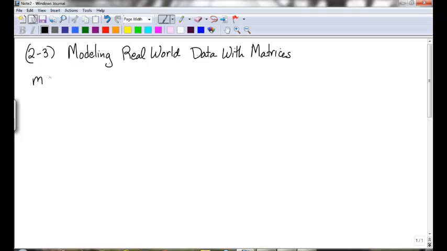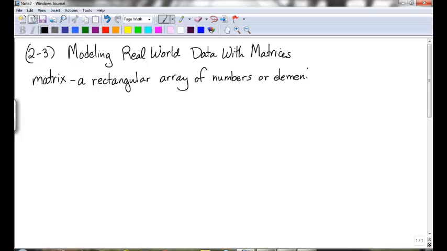Okay. First, if you talk about one, it's called a matrix. It is a rectangular array of numbers or elements arranged in rows and columns.